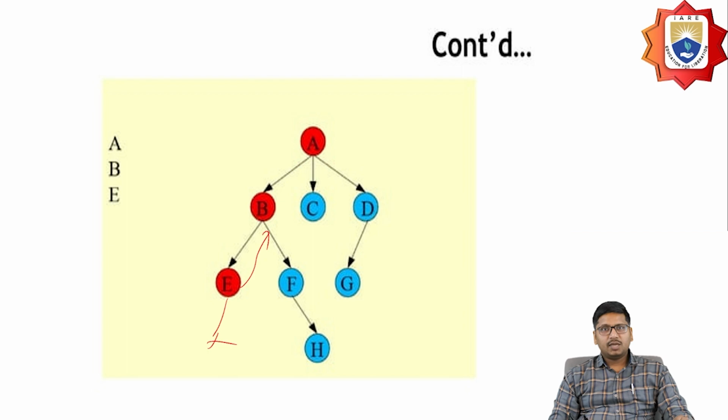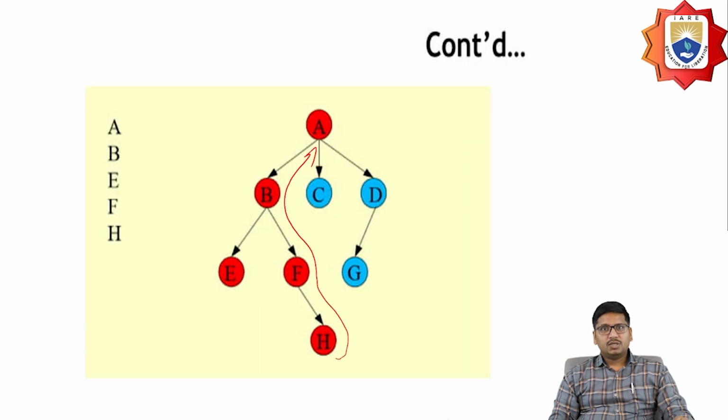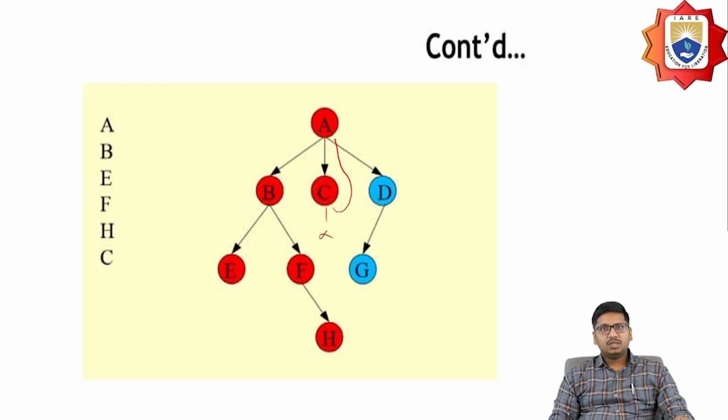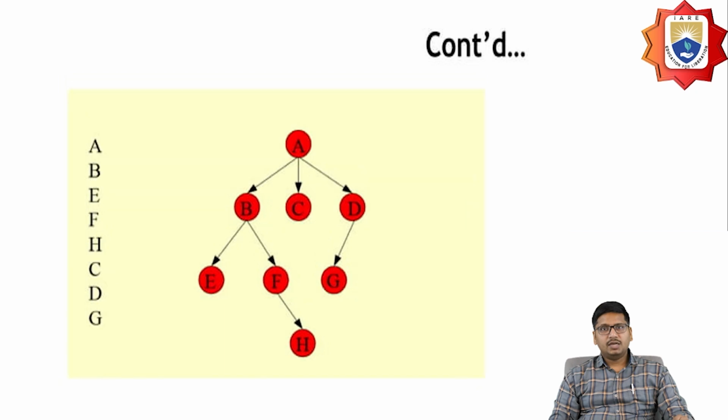That should be E. Since there are no children for E, I have to backtrack, and F, and the next one is H. Once this is done, again I perform backtracking and choose the next node, that should be C, and again I backtrack and then find the next one, D and then G.